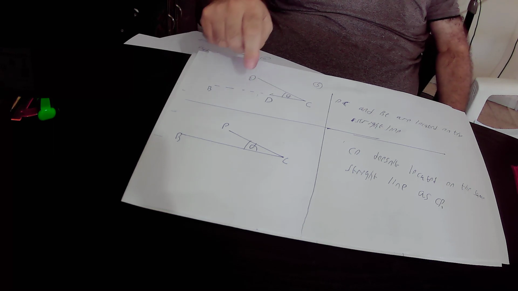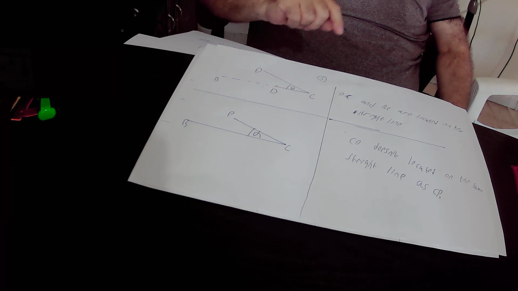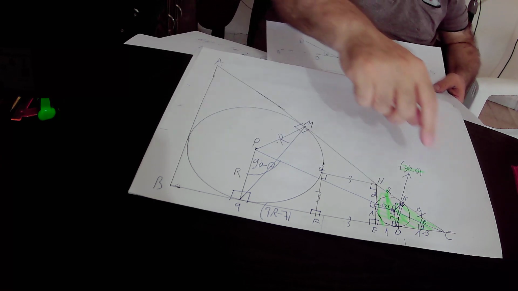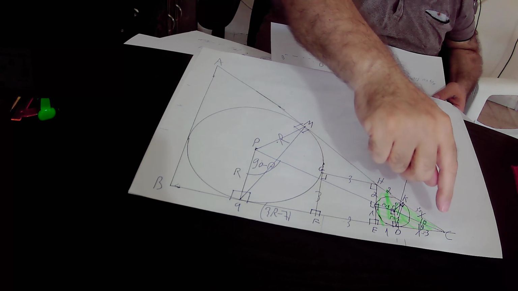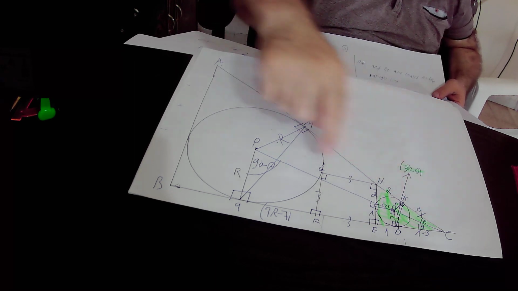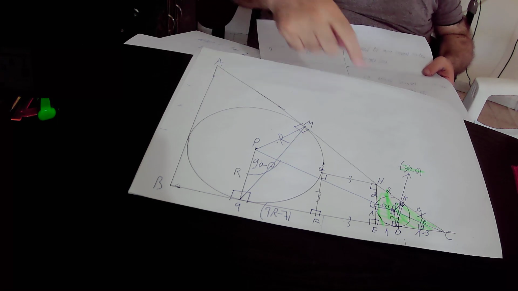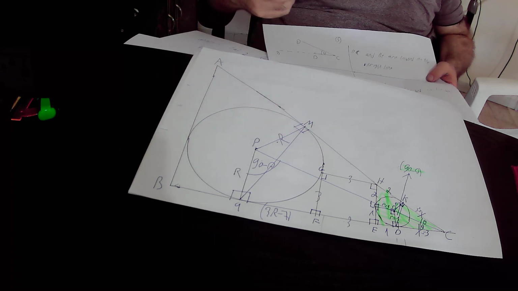The second leg is leg CO and leg CP. According to our assumption, CO doesn't pass through point P.